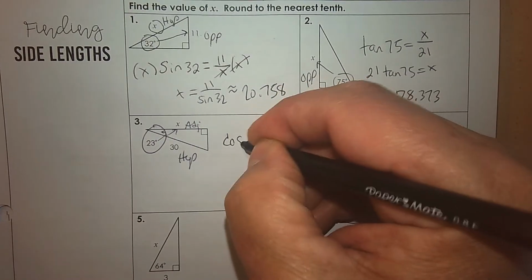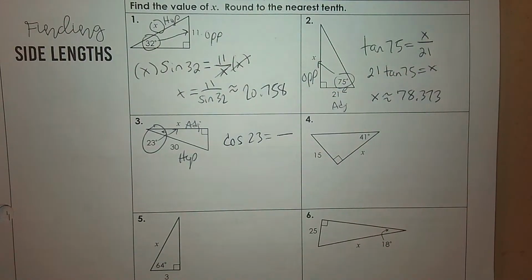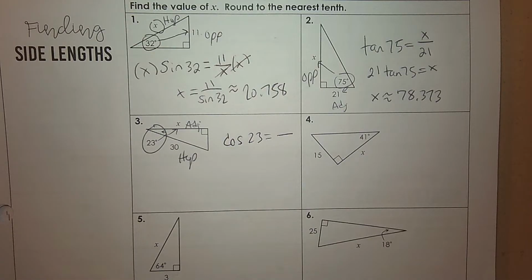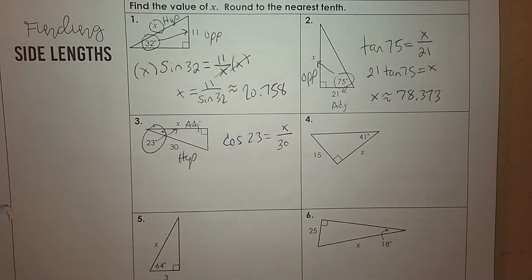If you do the first step wrong, the answer is wrong. So if you do not know which trig ratio, don't guess. You know based on what's on the triangle. So it's adjacent and hypotenuse, so that is cosine of what angle? 23 degrees. And now the setup, it's adjacent over hypotenuse. The more you practice, the easier that'll be.